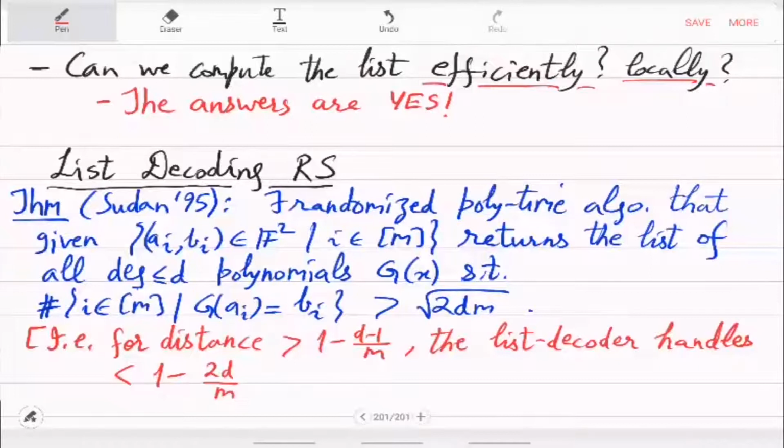So these many errors are being handled. Okay, so this is also what you saw in Johnson's bound, in the sense that there you had a half, here it's 1, but this d over m versus square root of d over m, right. This seems similar to Johnson bound, but remember that this is not a binary code, so it's non-binary alphabet.